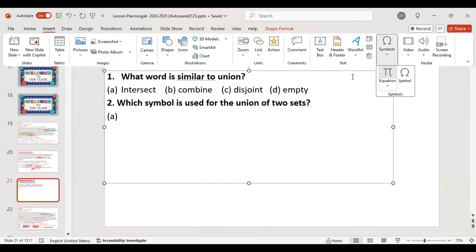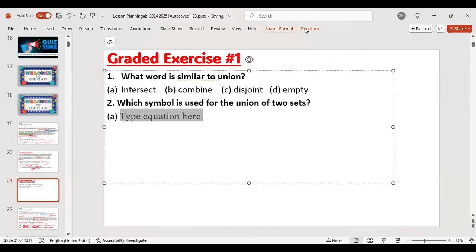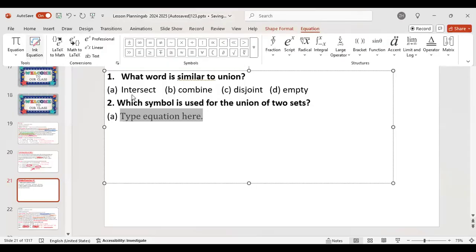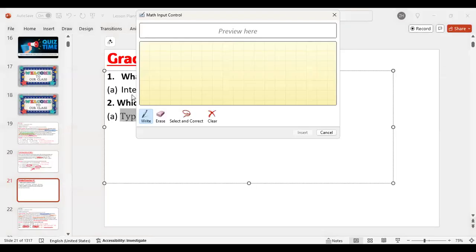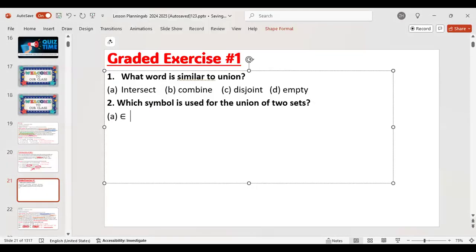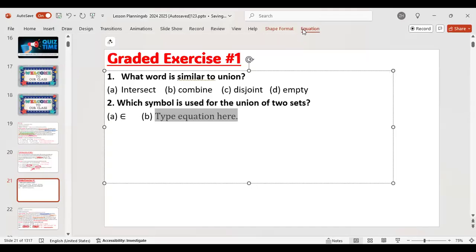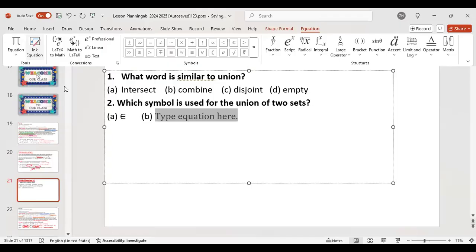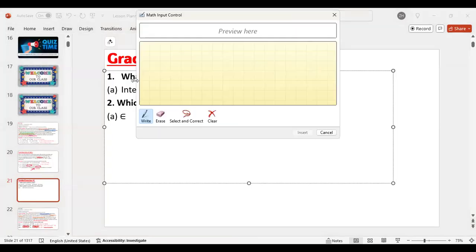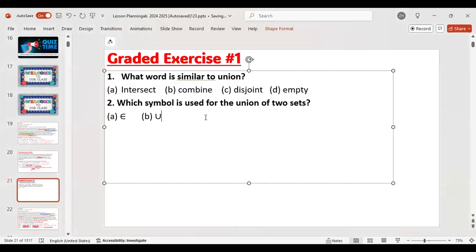All right. So A is equation. A is that. B is U. Insert. C is small c.